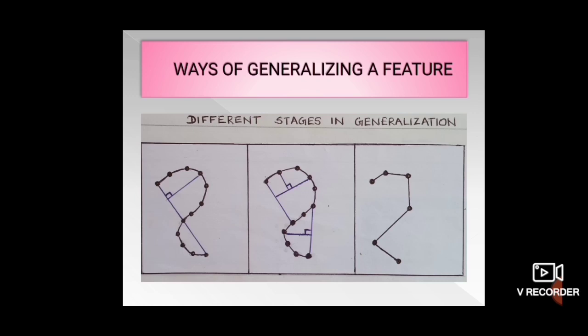Here I have drawn an example to show the generalization. In the beginning you can see how many points there are. Such a locus of points has been reduced in the second stage, and how much we can reduce, we will be doing in the process of generalization. The main problem associated with this is that the original shape may be slightly distorted in the generalization process.